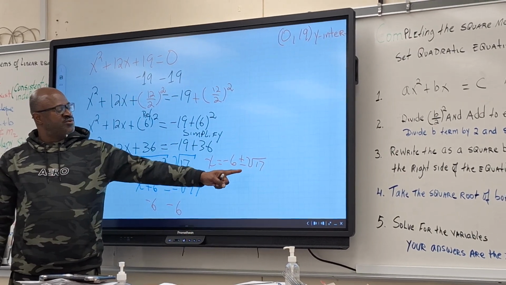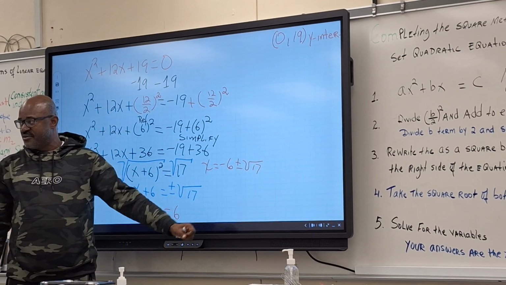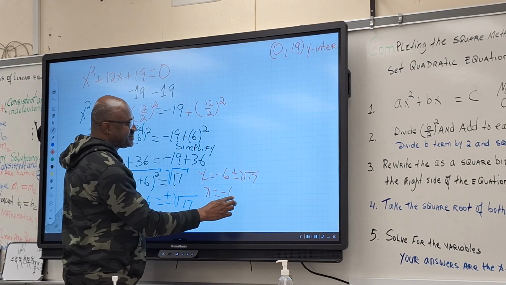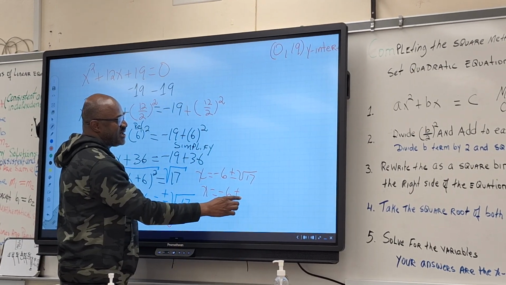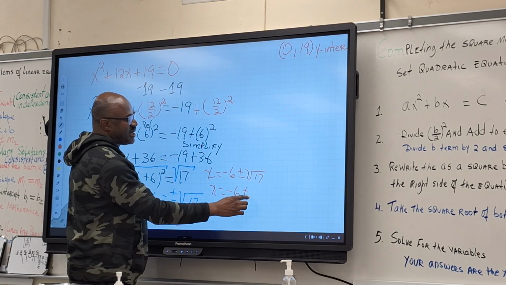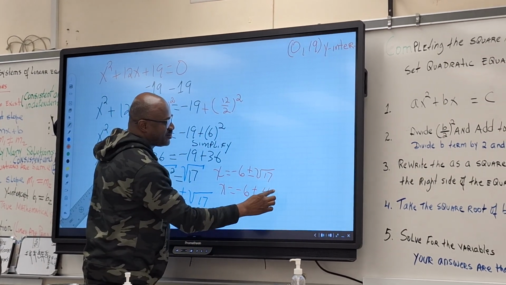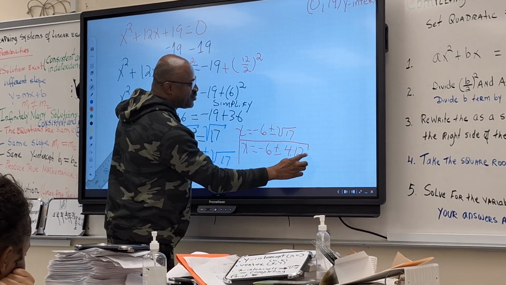Then we're going to use the calculator to change that to a decimal value. So far so good? Then we will have x equal negative 6, plus or minus whatever the square root of 17 is. What do you get? Calculator. 4.12.